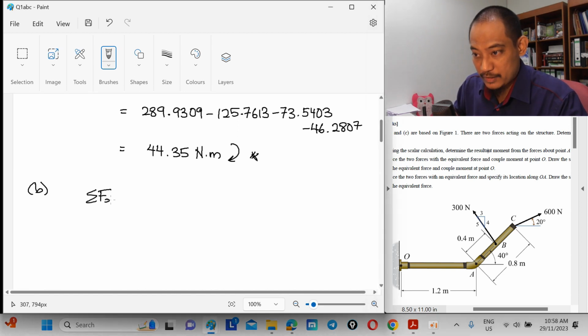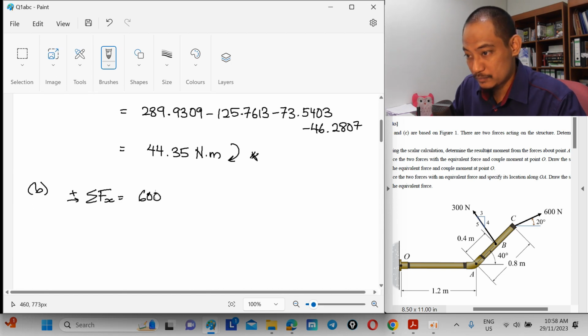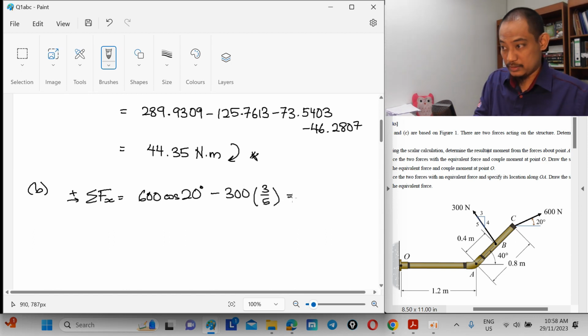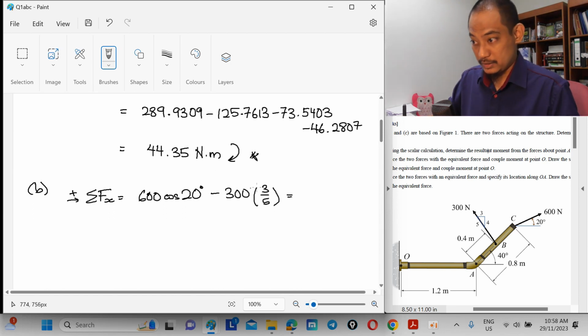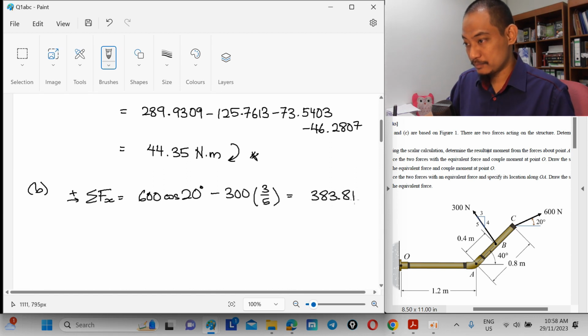So summation of Fx, let's take to the right as positive. So 600 cos 20 degrees minus 300 times 3/5. So this is basically 600 times cos 20 minus 300 times 3/5, which is 383.8156.